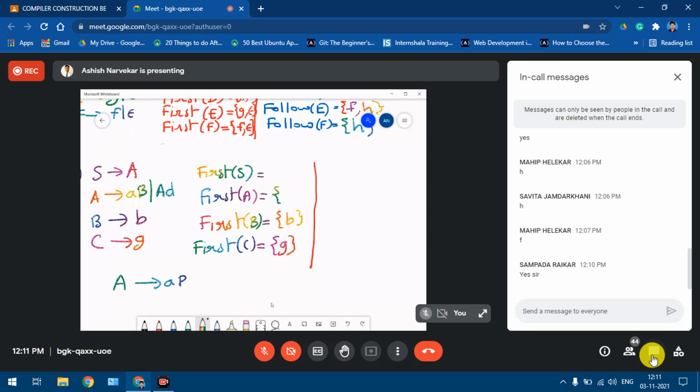A derives A B or A D. Can someone tell me what is the first set of A based on this production? Or can you figure out whether there is something wrong with this production? Something wrong in the sense of some concept that we have learned earlier this week. Is there something of that sort happening in this production?